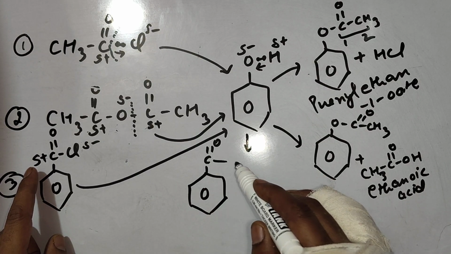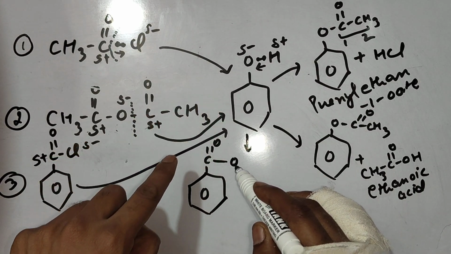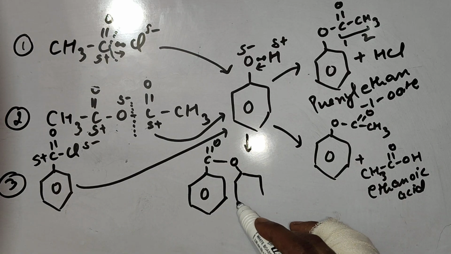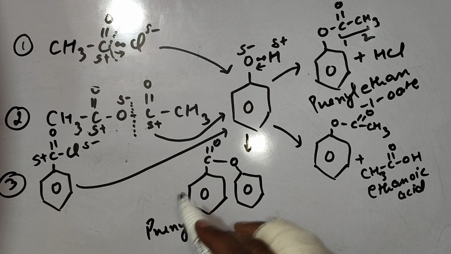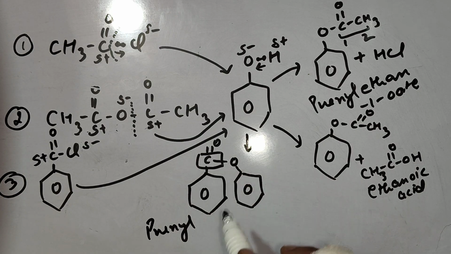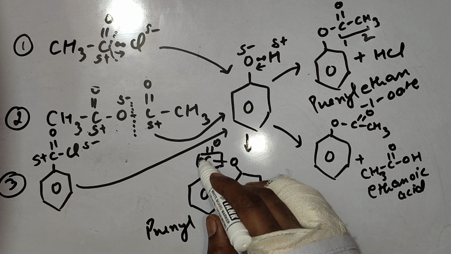CO will join with this oxygen which is connected with the benzene ring. Now this is also an ester. For its IUPAC name, the phenyl group will work as a side chain, so we write phenyl first, and this will be the main chain, number 1.